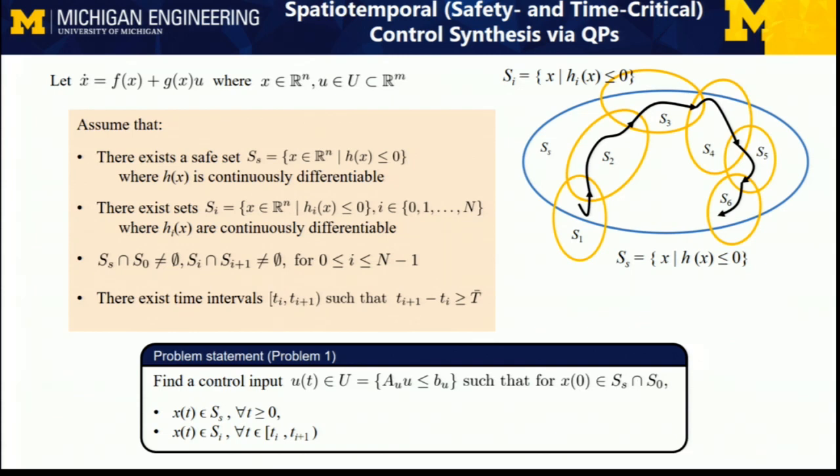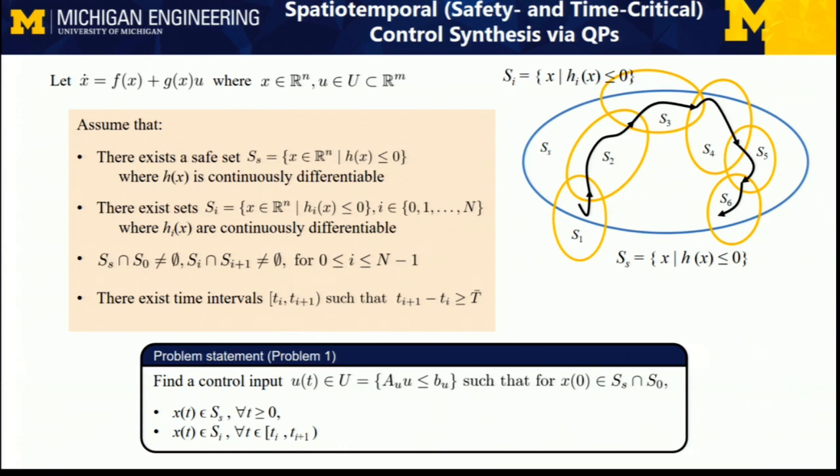We're going to assume for now that there exist some time intervals, Ti plus 1, such that the length of this time interval is greater than a time T bar, okay? And we're going to see how this time T bar gets into play in order to ensure the feasibility of our problem.